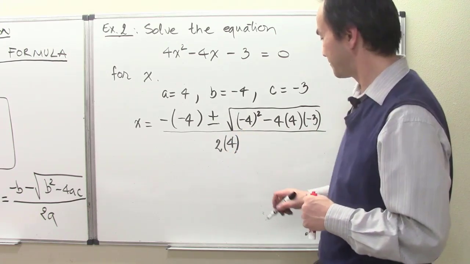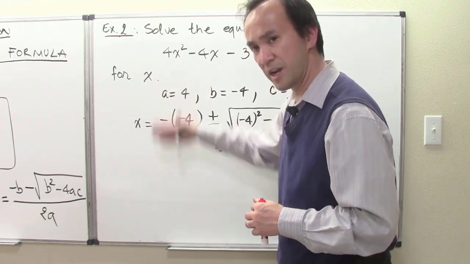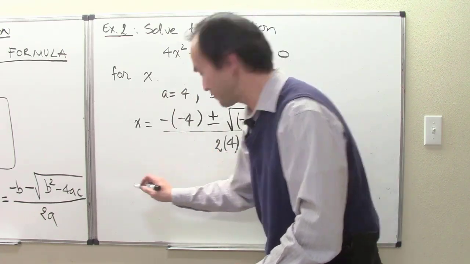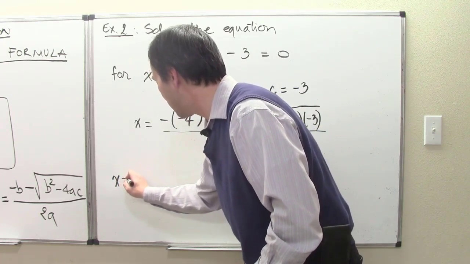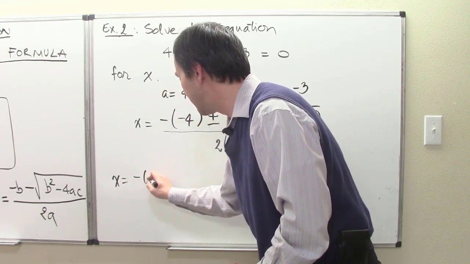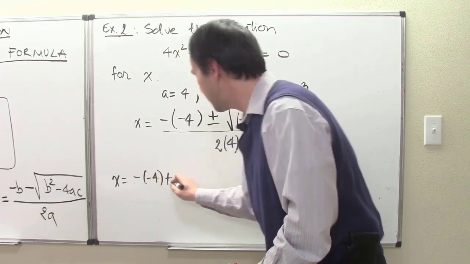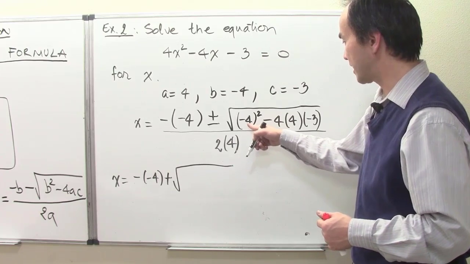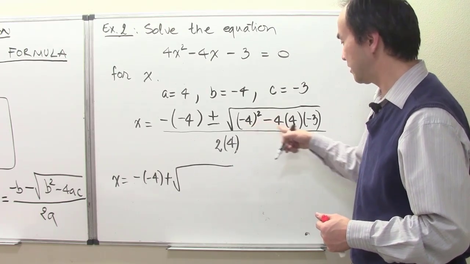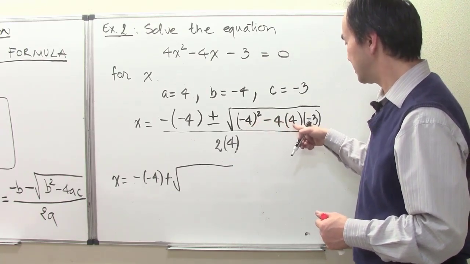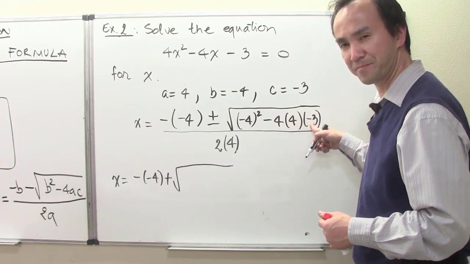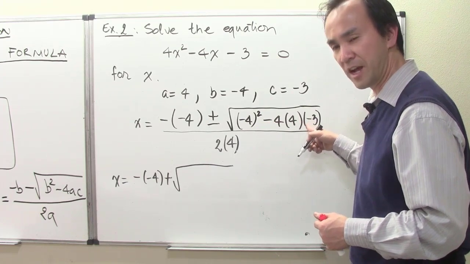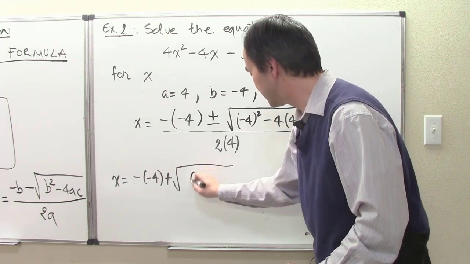All right. As I explained earlier, this formula really gives me two different answers. On one hand, x equals minus negative 4 plus the value that comes out from the square root expression. Let's quickly calculate that. Negative 4 all squared is 16, minus 4 times minus 3 is a plus 48, so 16 plus 48 makes 64.